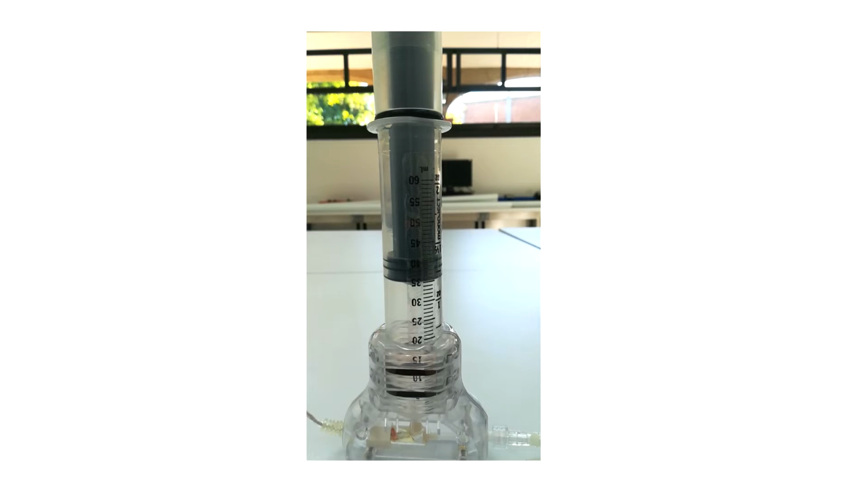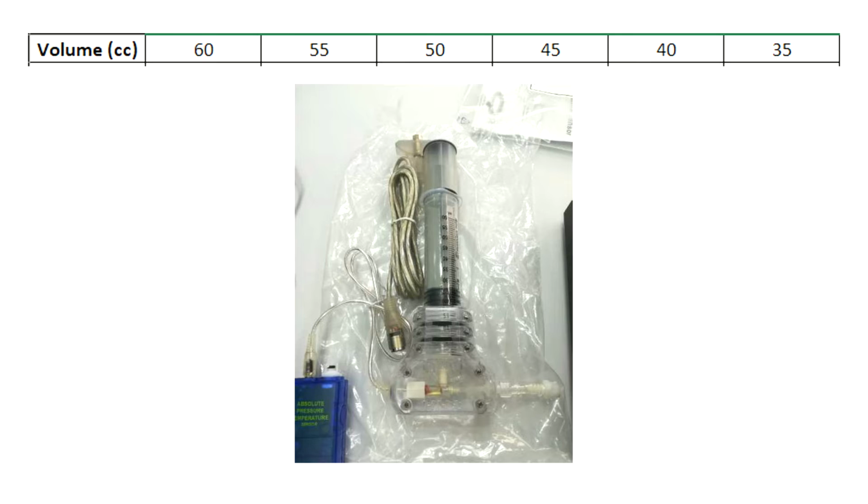For the second part of the experiment, we're going to use those specific values for the volume. We're going to see how the temperature and pressure behave at those volumes. Exactly how we're going to do this is that, for example, first we're going to make this syringe go to 60 cubic centimeters, and we're going to record both pressure and temperature until they are constant.